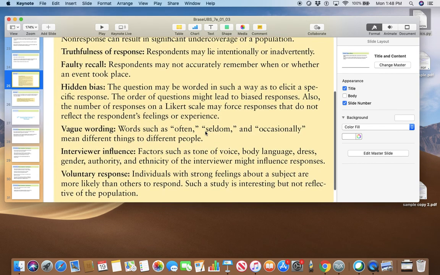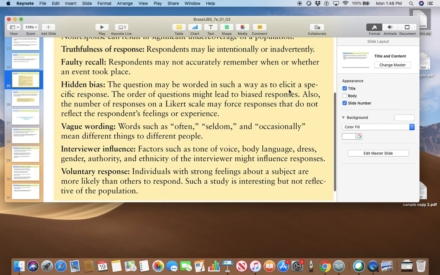Hidden bias. The question may be worded in such a way as to elicit a specific response. For example, don't you think the food in that restaurant was terrible? Well, if I ask such a question, I have put the word terrible in your mind. So the question was worded in such a fashion to elicit a specific response.